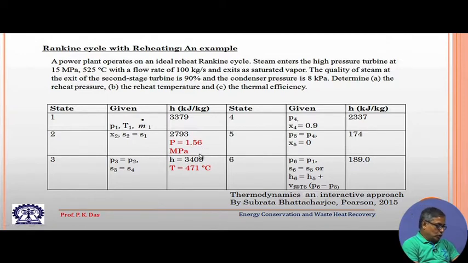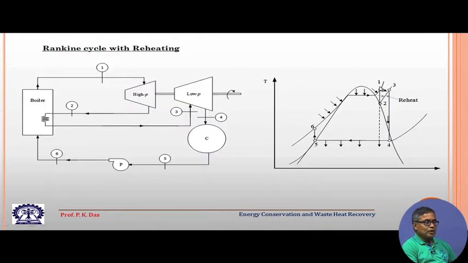So, let us go back, let us spend some time on this problem. Taking that the expansion line is isentropic and the end of expansion is on the saturated vapor line, we got point 2 also. Now, point 2 is known: the pressure is known and it is in the saturated vapor condition.